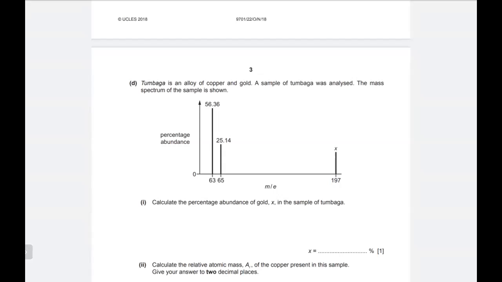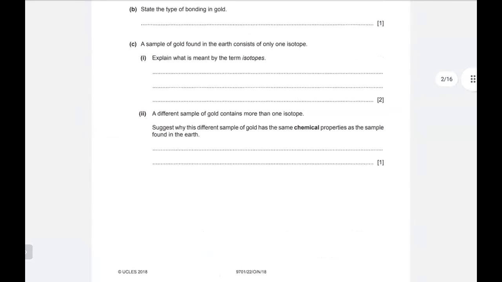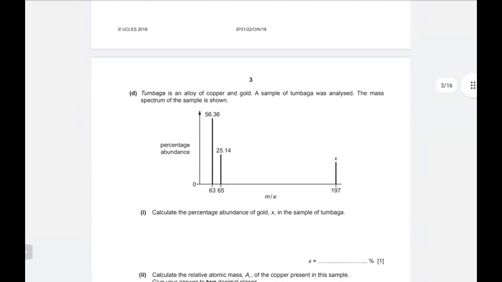We don't know the molar mass, we don't know the relative atomic mass, so we can't do any calculation there. So I think the abundances addition should be 100. We can't do a calculation because we don't know the relative atomic mass.